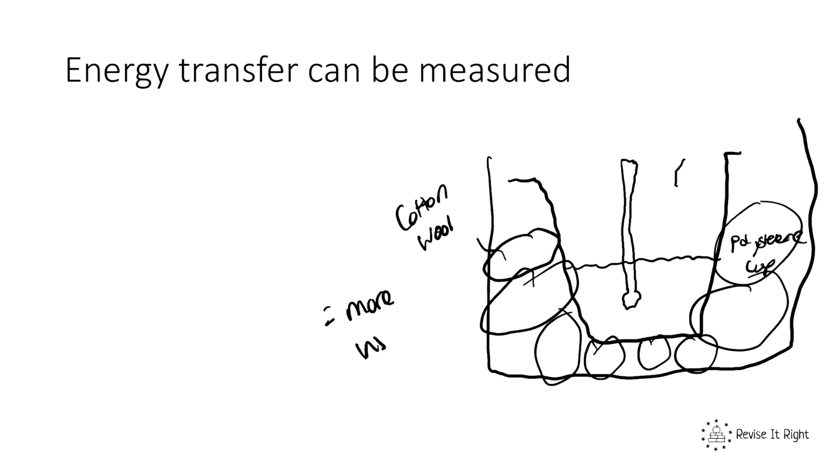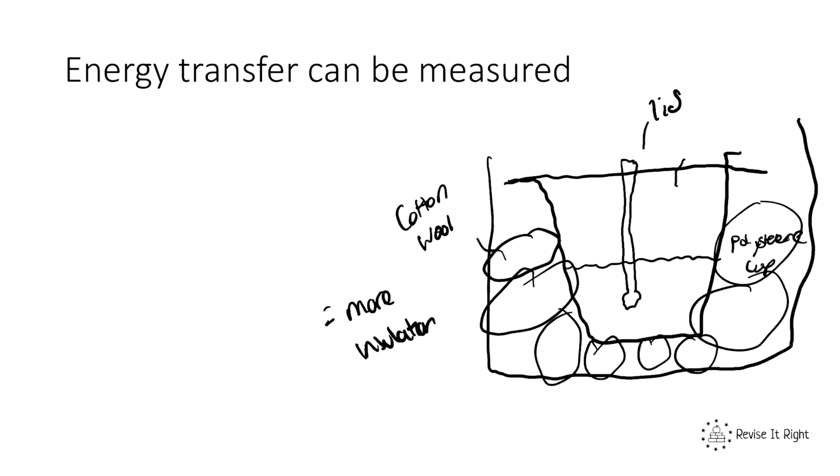And putting a lid on the cup as well will stop any energy loss by evaporation. Okay, so the way we can make this a better experiment is by placing the polystyrene cup in a beaker of cotton wool and placing a lid to reduce evaporation.